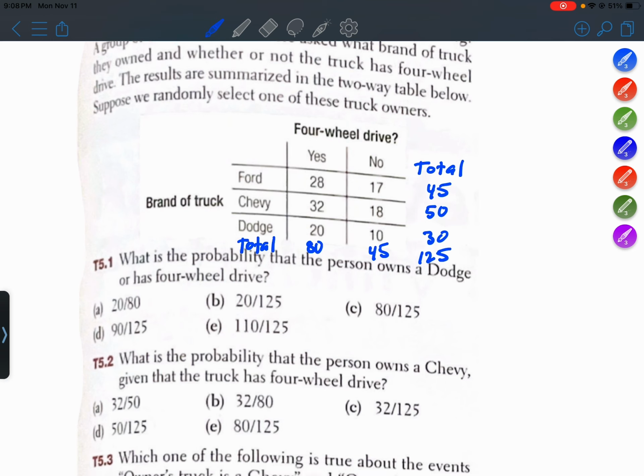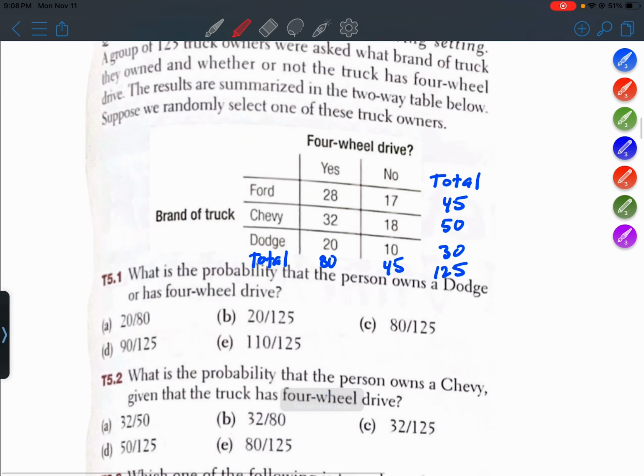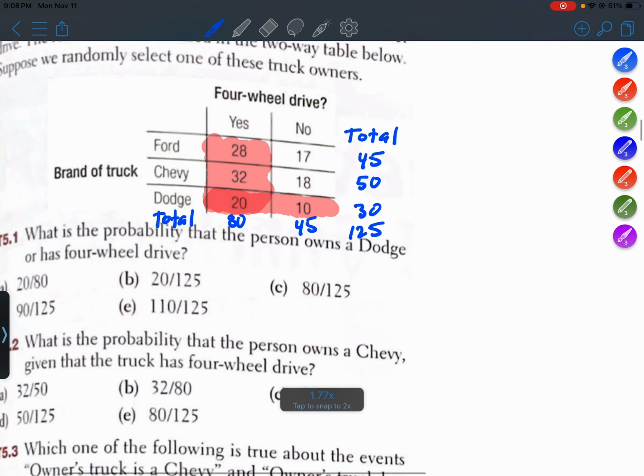Now I think we're ready to start answering some of these questions. So 5.1, what's the probability that the person owns a Dodge or has four-wheel drive? Why don't I just highlight all the people that own a Dodge, and then all the people that have four-wheel drive. I could simply add those four cells together, and that'll give me the numerator of the probability.